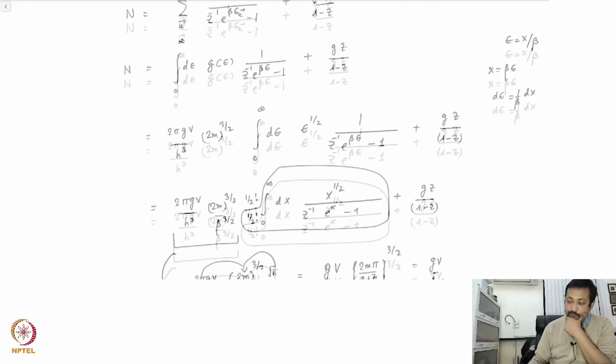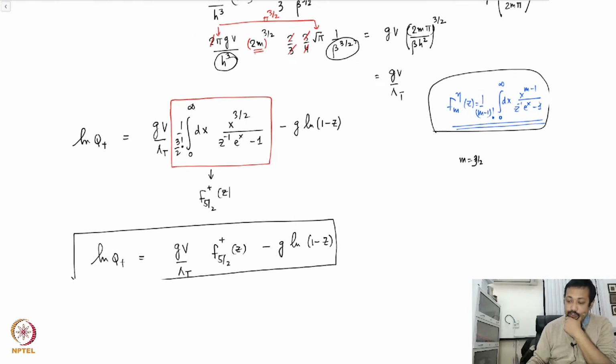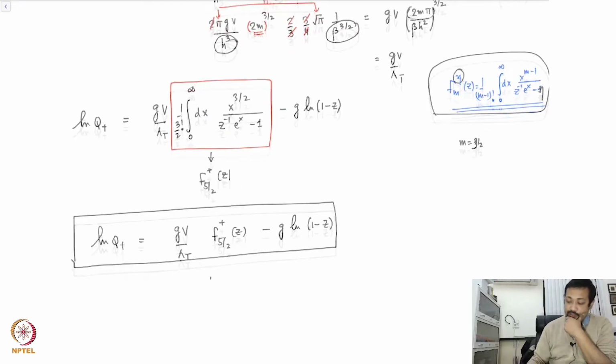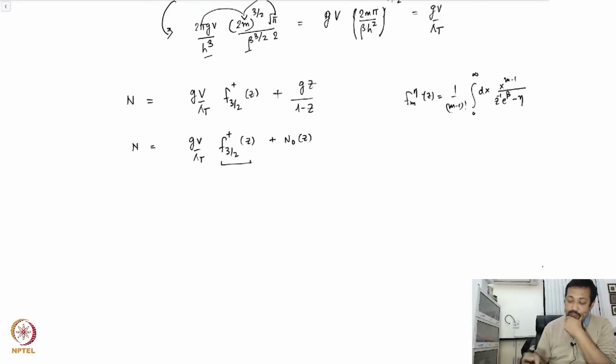I think we did make an error, sorry, this has to be minus of eta for a specific eta. If it was plus, then this is just going to be f_m^plus(z). Terribly sorry for the mistake. This has to be e to the power x minus 1.